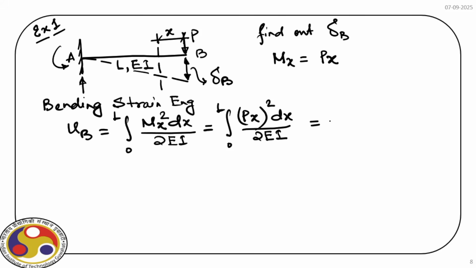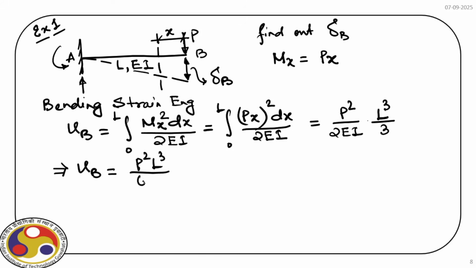So if we solve this, we get P square divided by twice EI, and integral 0 to L x square dx, that will give us L cube by 3. So the total bending strain energy we have UB is equal to P square L cube divided by 6 EI.